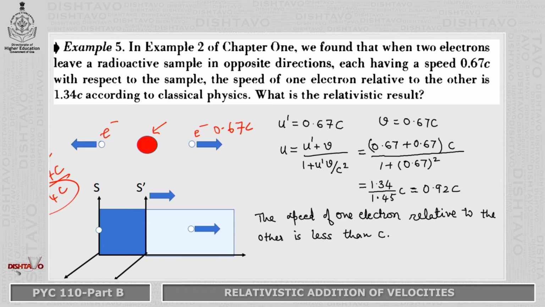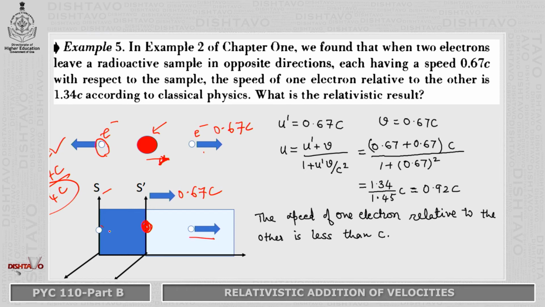For that purpose, first you attach one frame of reference to one electron, and I will keep it stationary. If I keep this stationary, that means the radioactive sample which has decayed is moving with the velocity 0.67 c. So, my frame of reference, which is attached to the radioactive sample, is moving with 0.67 c, and the other electron is moving in this particular frame of reference.